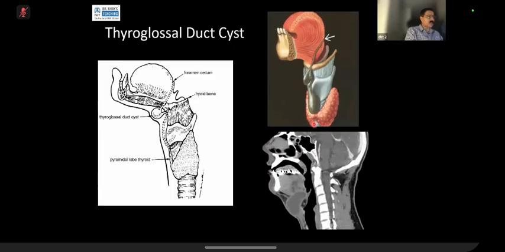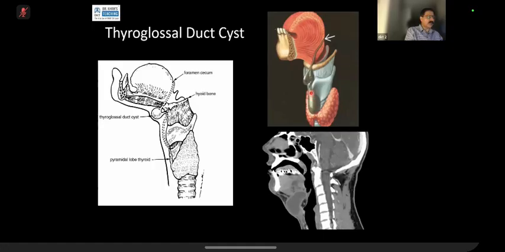Two types of things are very important clinically, and both of them are very important for your 2B exam. One is the thyroglossal duct. This duct usually obliterates, but sometimes it does not, and later in life it might become dilated or infected. So we call it a thyroglossal duct cyst.